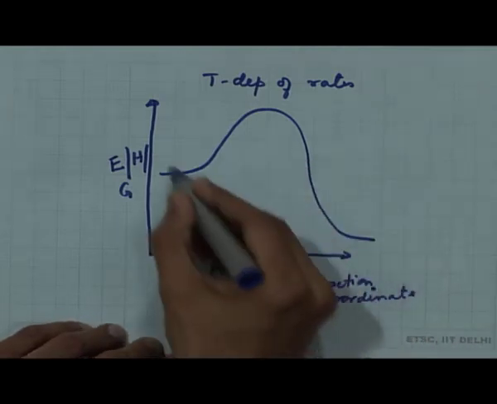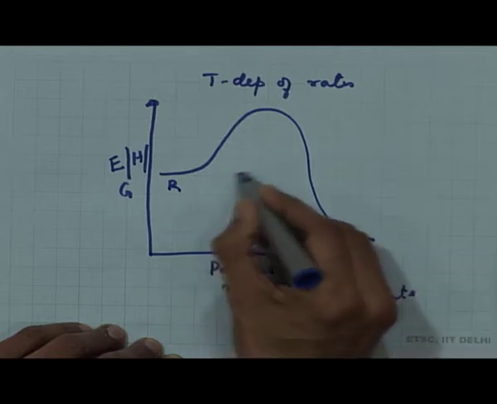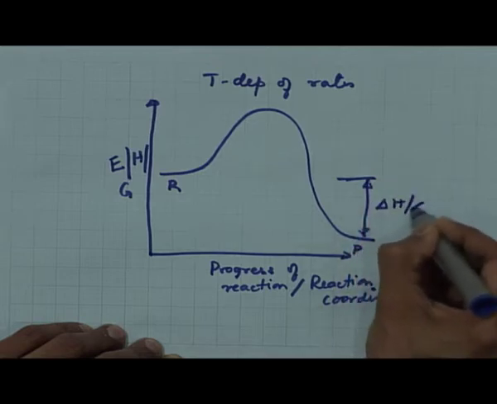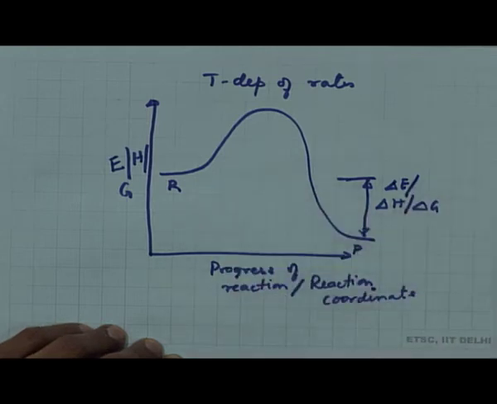And you plotted this. So, here you have the reactants and here you have the products. This separation in energy is the delta H or the delta G or the delta E of whatever reaction you are looking at.